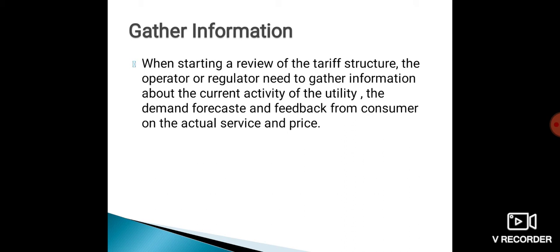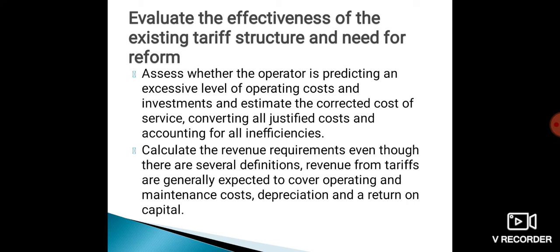The operator and regulator need to gather information about the current activity, that is, what the existing utility is doing, the demand forecast and the feedback of the consumer. That means what is the demand of the consumer, what will be the future demand of the consumer, what is the feedback of the consumer, and the actual service and the price of the utility. All this information we have to collect. So this comes under the first step, gather the information.